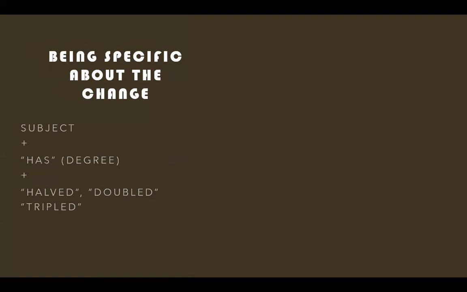Jadi ini yang bisa dipakai. Subject plus has dan degree kalau ingin. Has slightly, has almost, has exactly, plus a more specific degree of change. Has halved, has slightly doubled, has slightly tripled, and so on. Jadi maknanya nanti akan seperti ini. Jumlah pengguna sepeda telah meningkat nyaris 2 kali lipat.